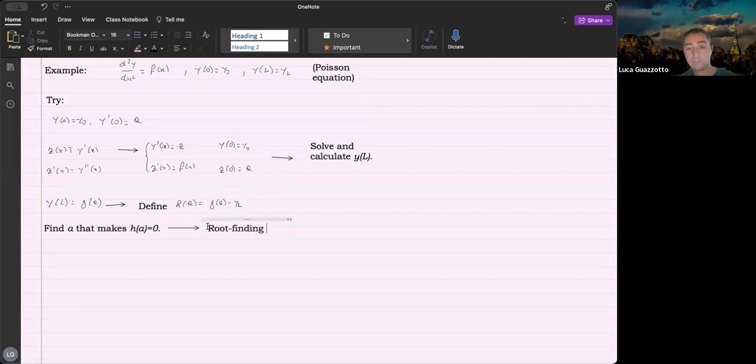This is a root finding problem. So, okay, in practice, we started with a boundary value problem, and we turned it into a combination of initial value problem and a root finding problem. So conceptually, this is all there is to shooting methods.